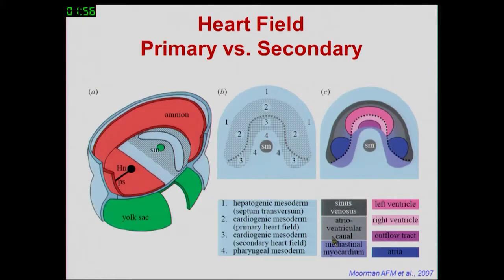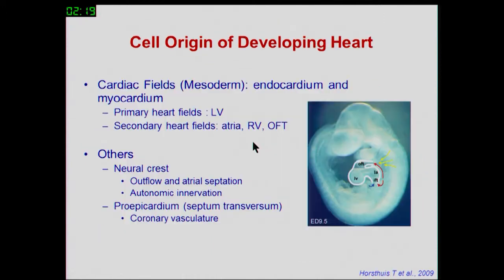The heart does not develop solely from cells of the primitive linear heart tube, which is called the primary heart field. A second population of cardiac cells is present at the medial and ventral part of the primary heart field, which is called the second heart field.